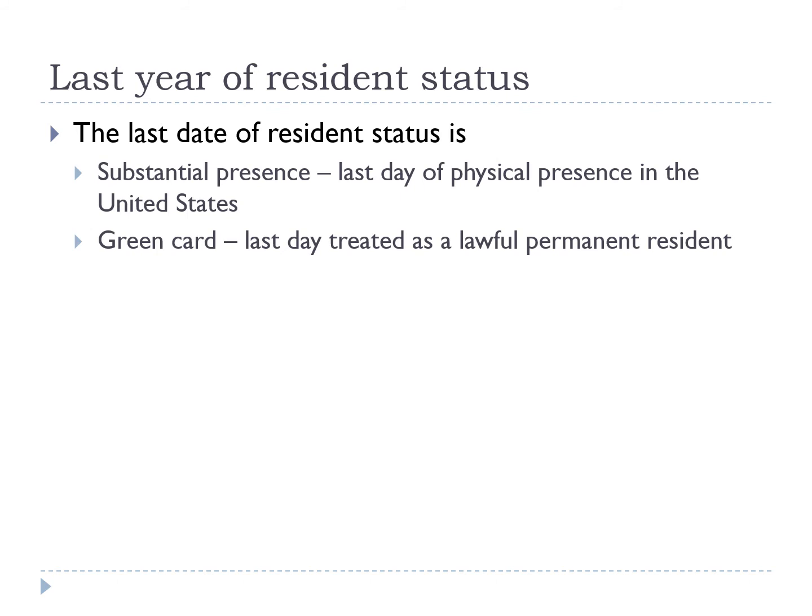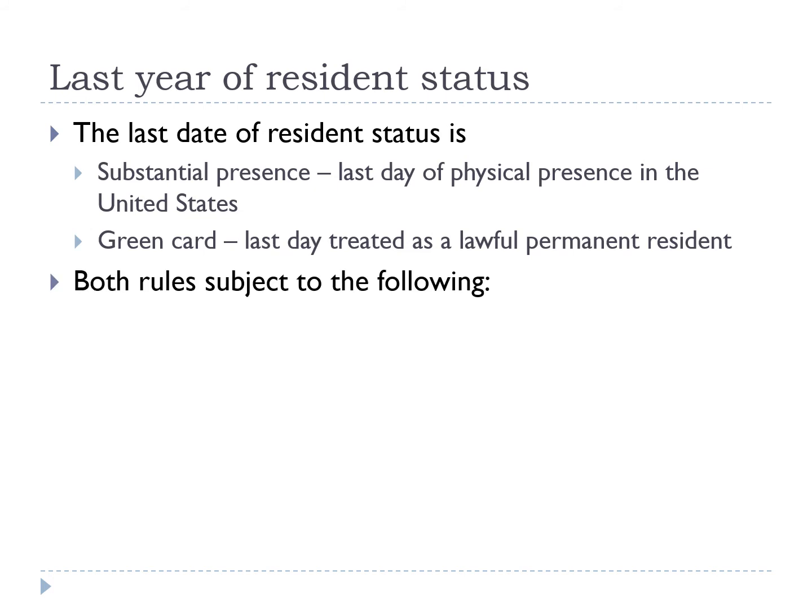If residence was based on the lawful permanent residence test, then the person stops being treated as a resident on the day following the day the person ceases to be a lawful permanent resident.